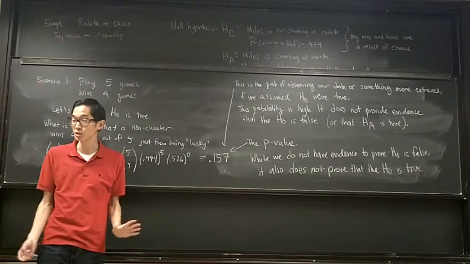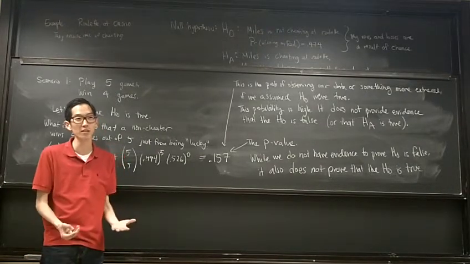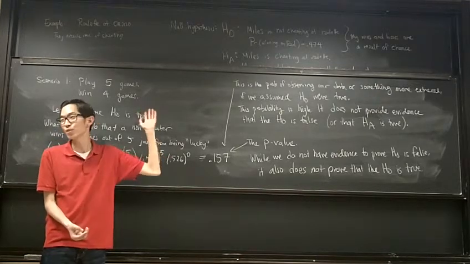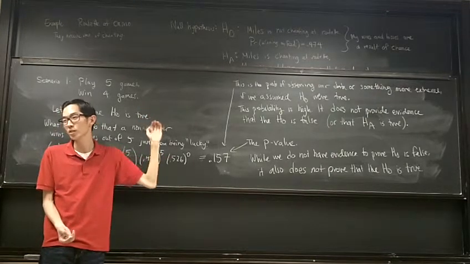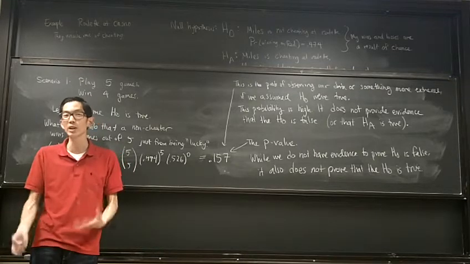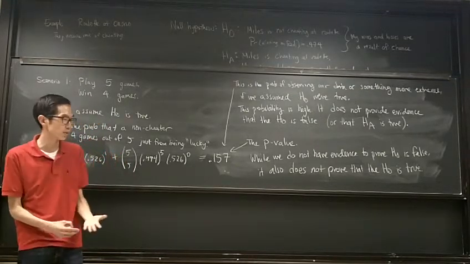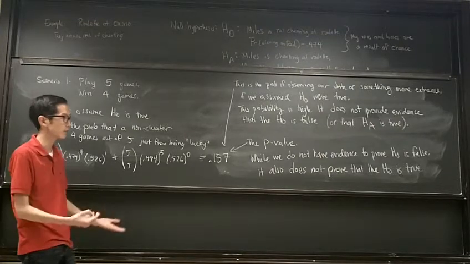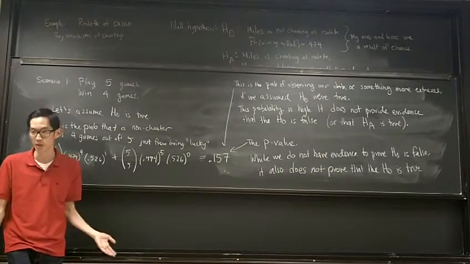You cannot do that. With hypothesis testing, no matter what data you have, it will never prove the null hypothesis is true. It just means you don't have evidence to reject the null hypothesis, or you don't have evidence to support the alternative hypothesis.